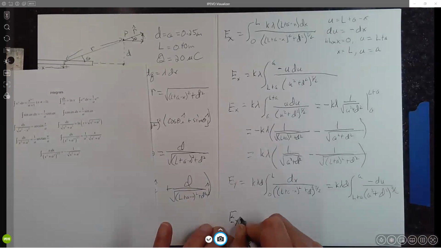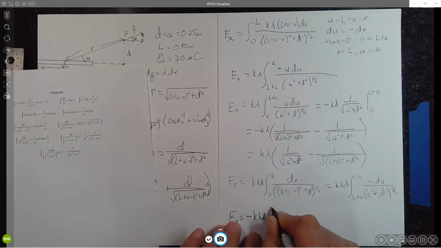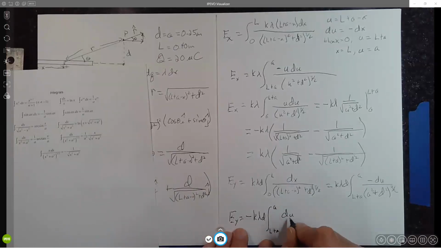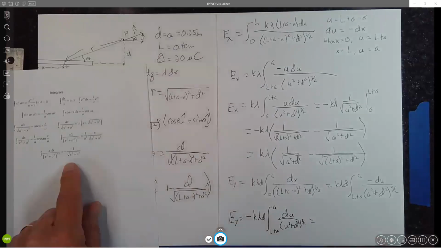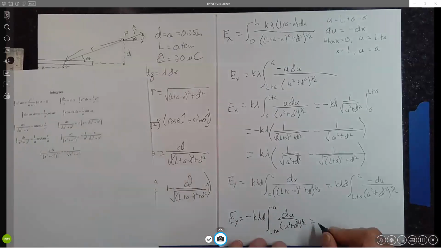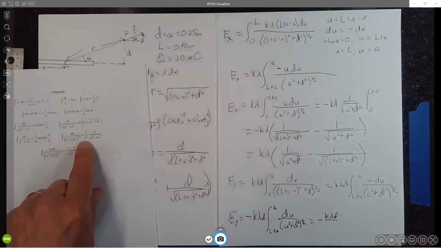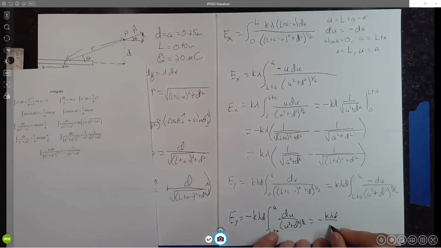E sub y will equal minus k lambda d, the integral from L plus a to a of du over u squared plus d squared to the 3 halves, and just copy it right off there. I will get minus k lambda d divided by, it says divide by a squared. A squared for me is d squared, so I'll have that.